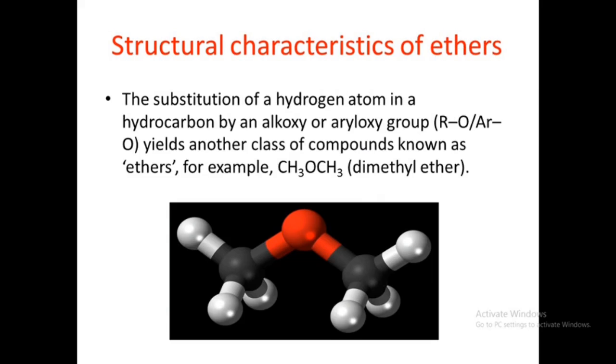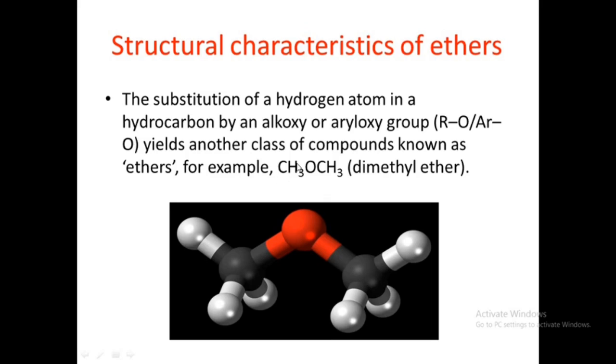After that, let us discuss the structural characteristics of ethers. And in case of ethers, one hydrogen atom of a hydrocarbon is replaced by an alkoxy or aryloxy group. For example, the ether is dimethyl ether. In this case, if we consider methane, the molecular formula of methane is CH4.